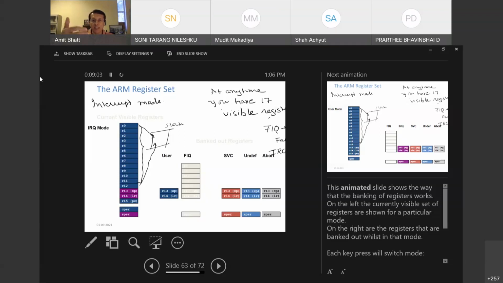That means it has to be executed in a lesser amount of time. To do all that, my fast interrupt has more registers of its own, so that when I come out of the user mode, I spend less time saving into the stack, and I can execute this fast interrupt mode as quickly as possible.